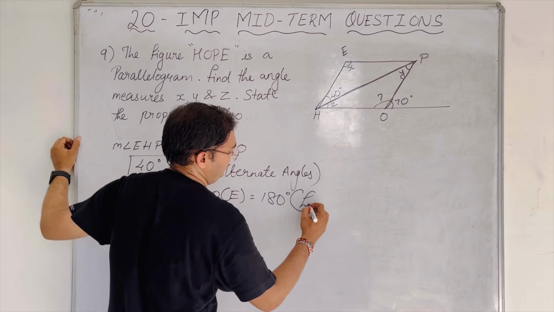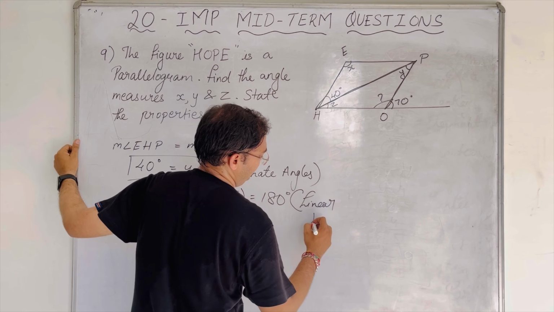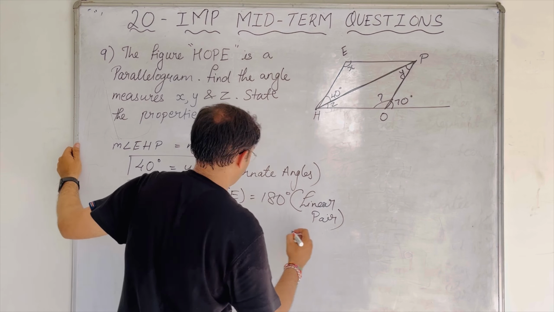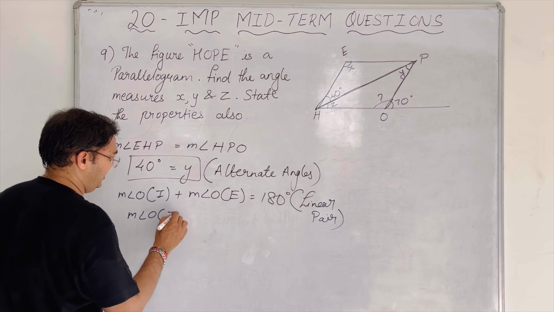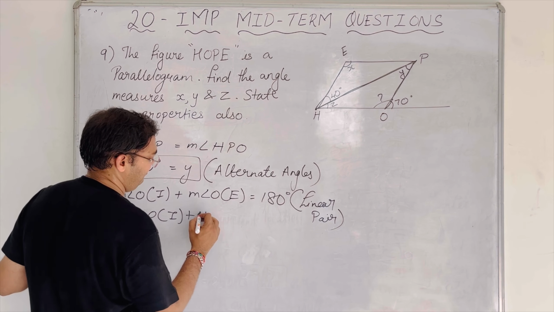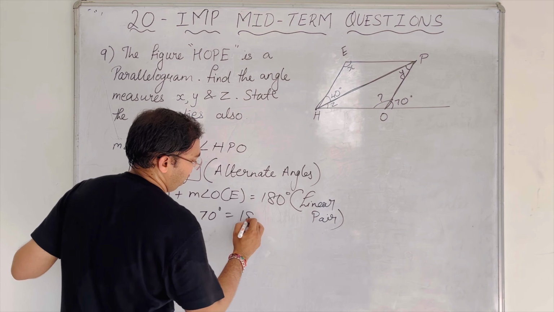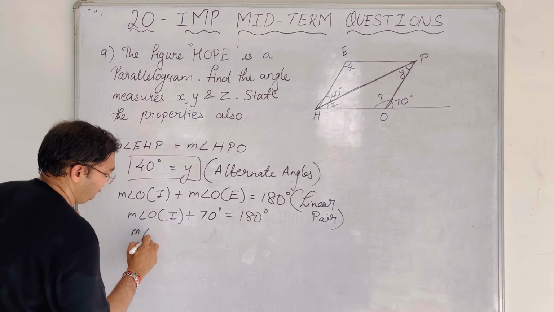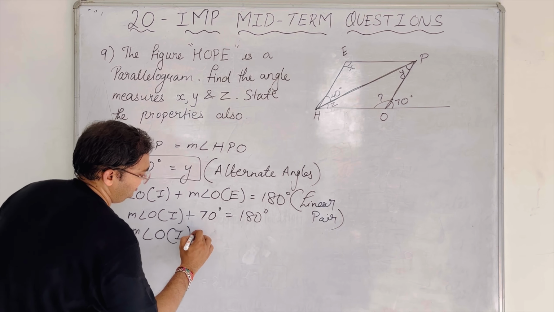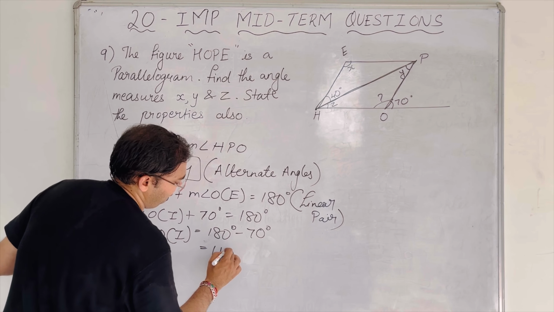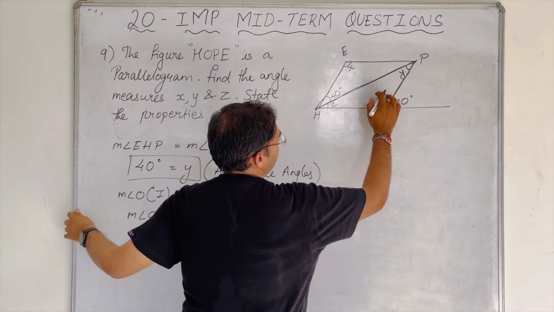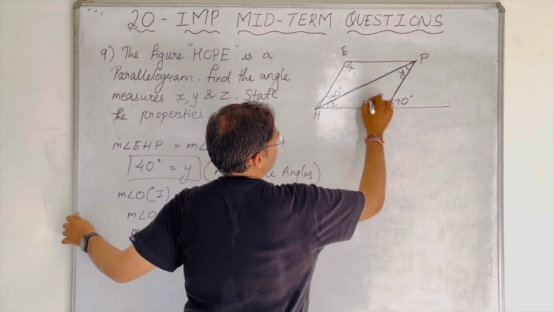The reason is linear pair. So what is the measurement of the interior angle that we are supposed to find? Write it as it is. Exterior is 70 degrees, which equals 180 degrees. That means measurement of angle O interior is equal to 180 degrees minus 70 degrees, which is equal to 110 degrees. We found that this is 110 degrees.